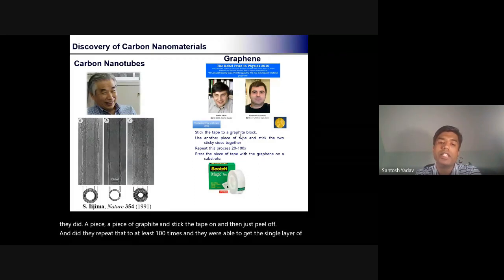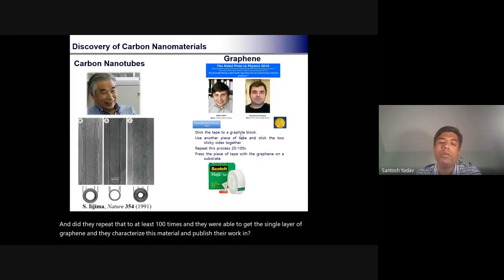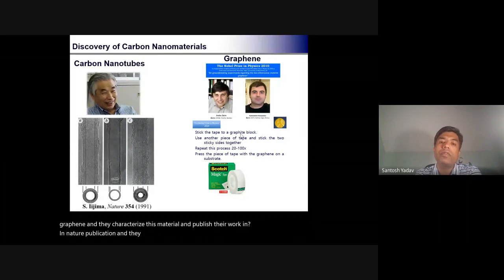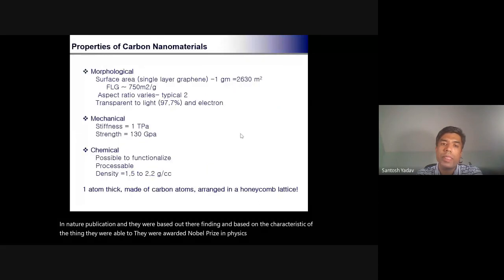They characterized this material and published their work in Nature. Based on their findings and the characteristics of graphene, they were awarded the Nobel Prize in Physics in 2010.